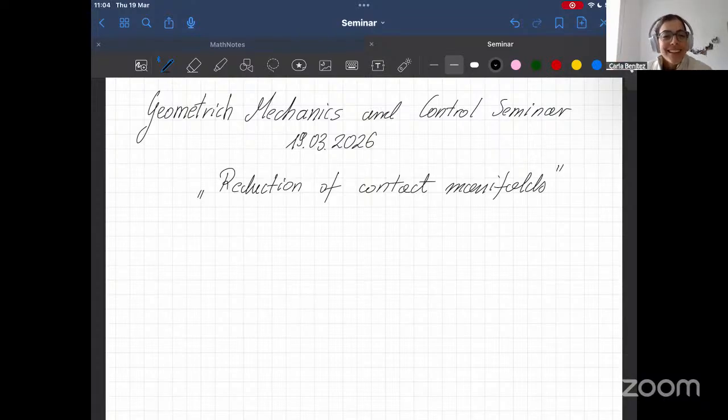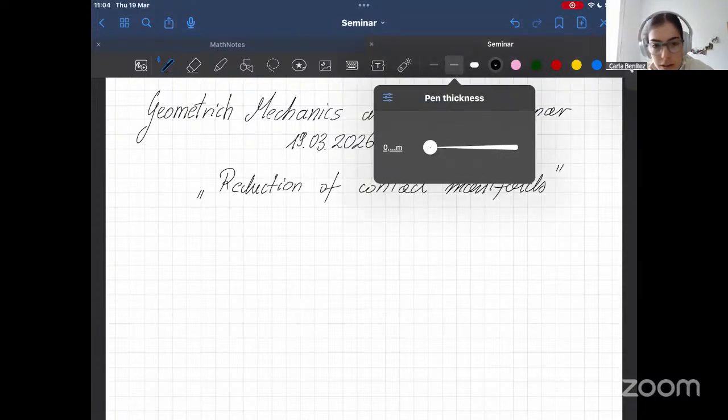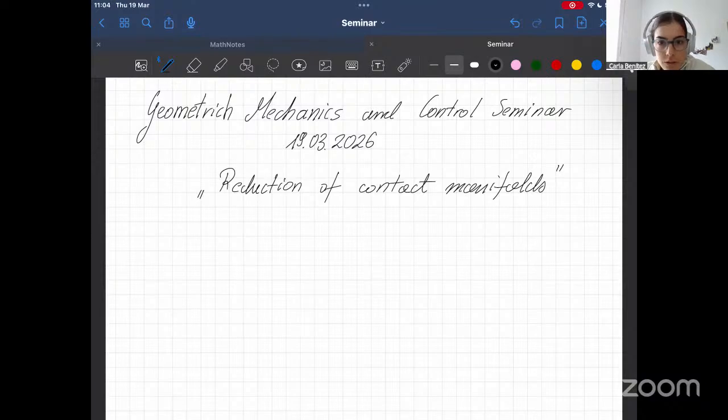Okay, so I can start again. Let me present Bartosz in this seminar joined with people from Isemat and La Laguna. So today Bartosz is going to give his talk about the reduction of contact manifolds. So Bartosz, we listen to you.